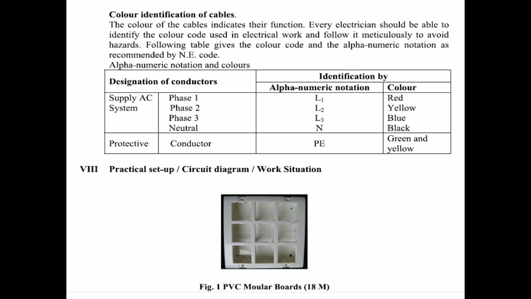In the first row of 3 squares we can fit 2 times 3, that is 6 switches, and in the other 3 columns we can fit another 12 switches. 12 plus 6 will be 18, that is, this board is an 18 module board. Okay, this is the basic way to find out the number of modules of the board.